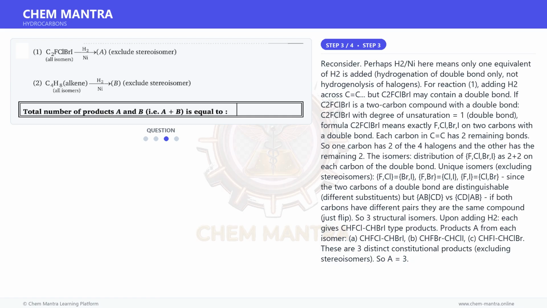Upon adding H2, each gives a CHXY-CHZW type product: CHFCl-CHBrI, CHFBr-CHClI, CHFI-CHClBr. These are 3 distinct constitutional products, excluding stereoisomers. So A is equal to 3.